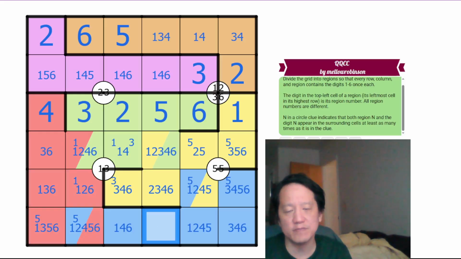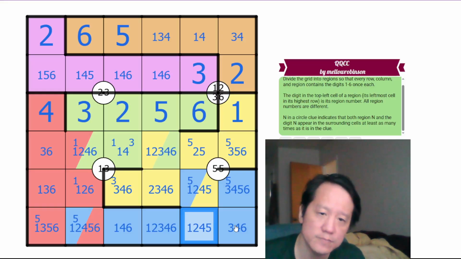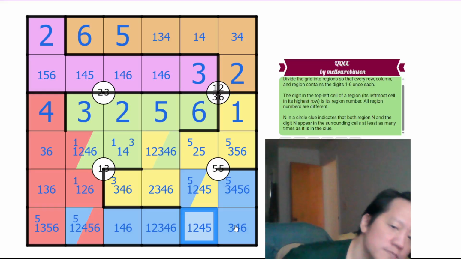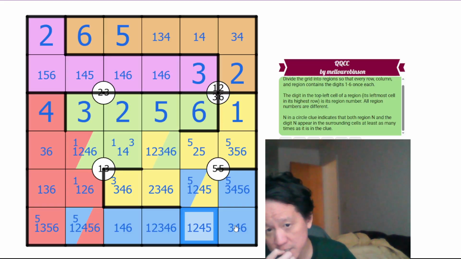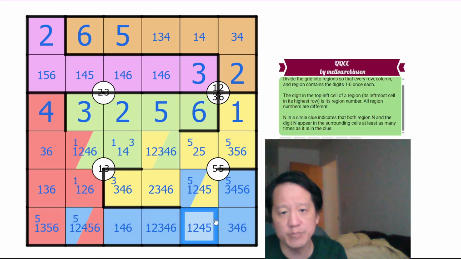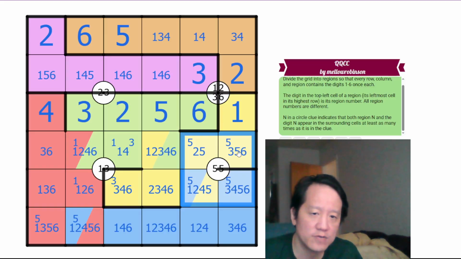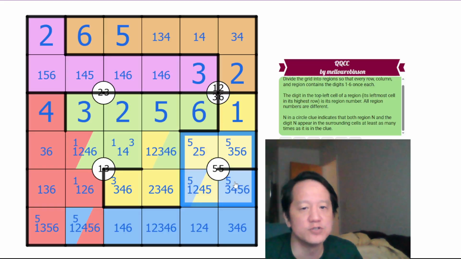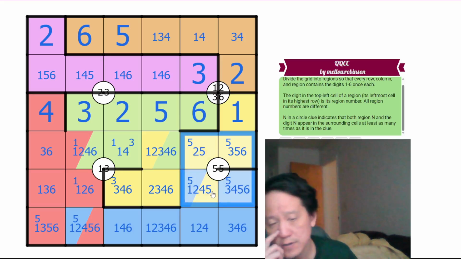Remaining digits of column 4 are 1, 2, 3, 4, and 6. This can't be 5, though, because one of these two is guaranteed to be a 5. Sorry, two out of these 4 cells are guaranteed to be a 5.